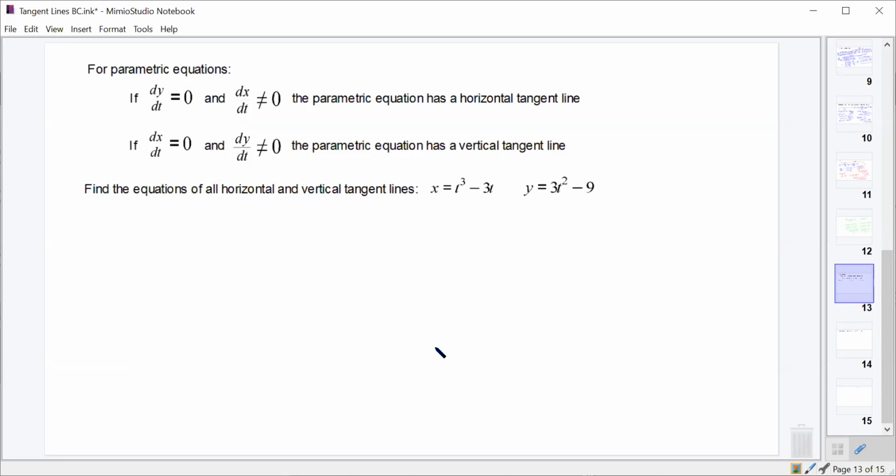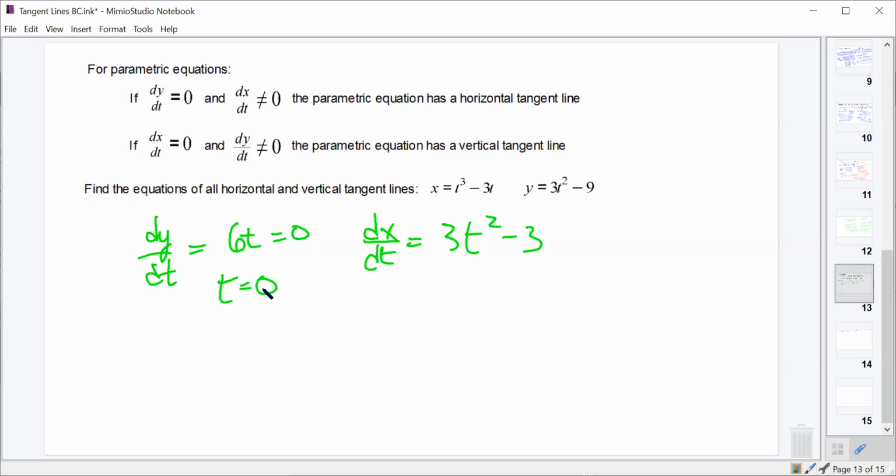So let's find dy dt. What's dy dt equal? Looks like it's just 6t. And what's dx dt equal to? 3t squared minus 3. So when does dy dt equal 0? When t is 0.